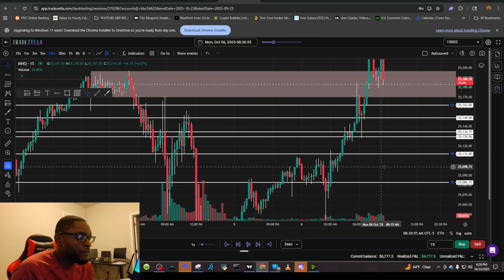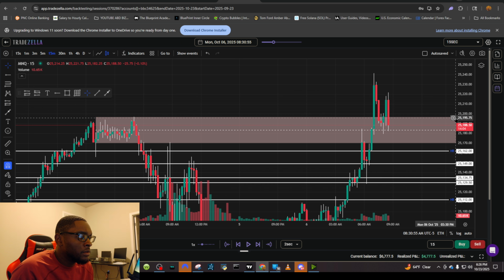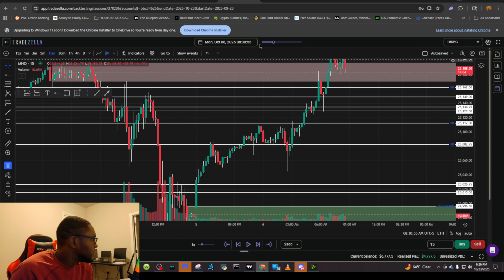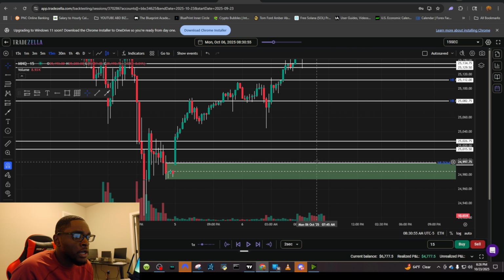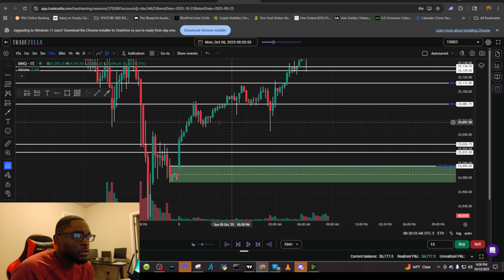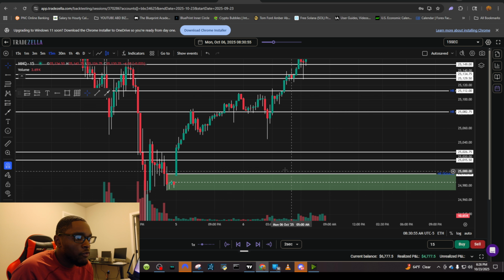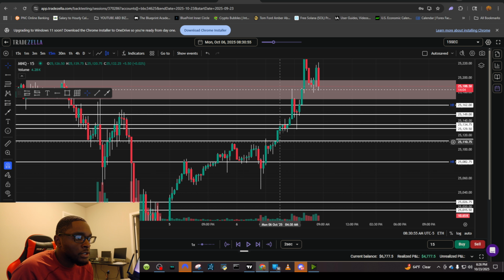So it's the 15-minute. I don't see any other zones except for this hour demand zone. So this will be a magnet for price, I believe, because we don't see any zones. I see this one. I really don't. I'm not calling it a zone just because the wick is too big for it to be a zone.